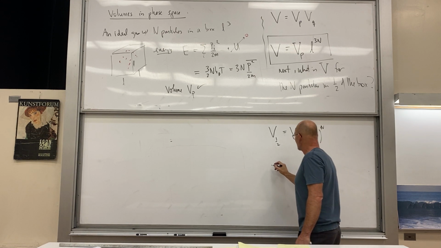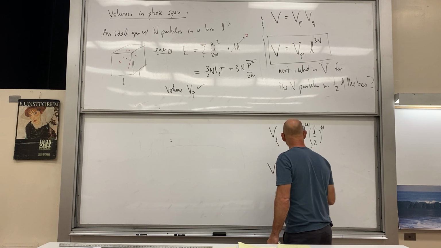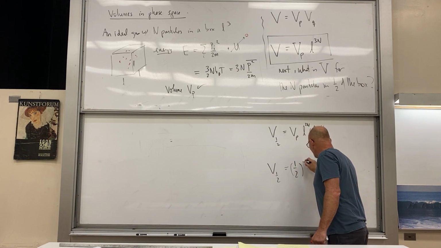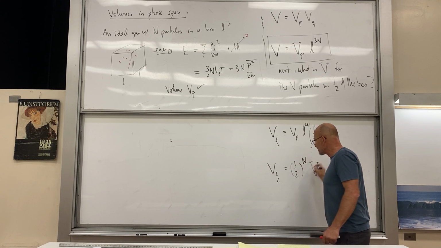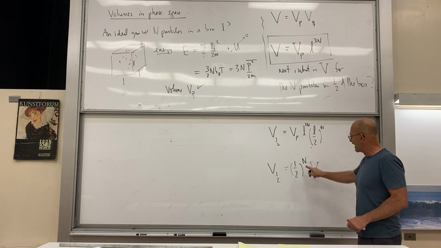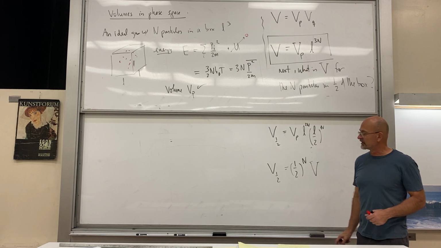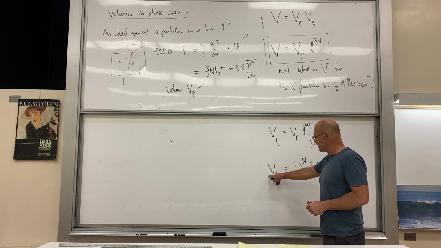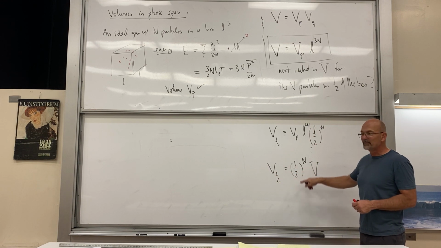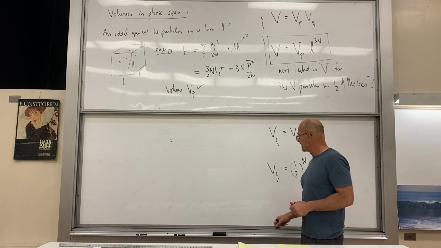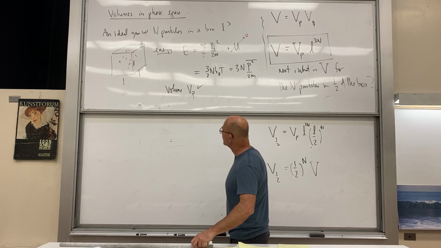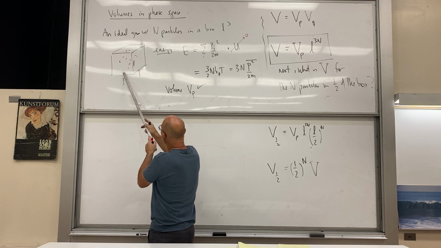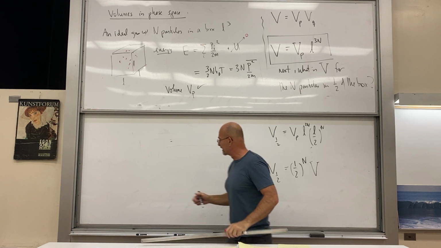So V sub 1/2 is going to be 1/2 to the nth power of the original V. And remember, N is a large number if you have gas particles in a box. So that volume of phase space is just infinitesimal compared to the original volume of phase space. Suppose we said, not the left half, but a corner of the box, with L over 2 on each side.